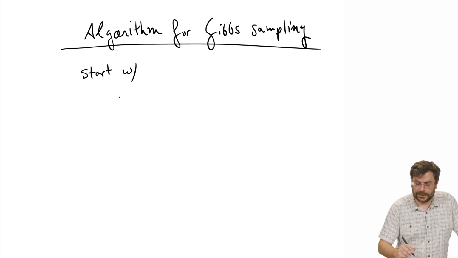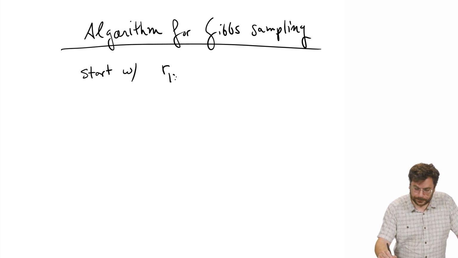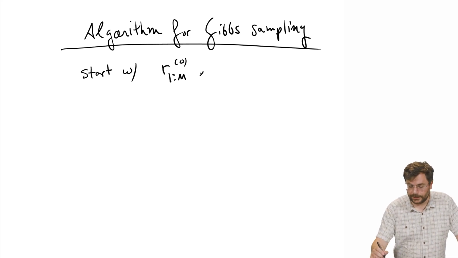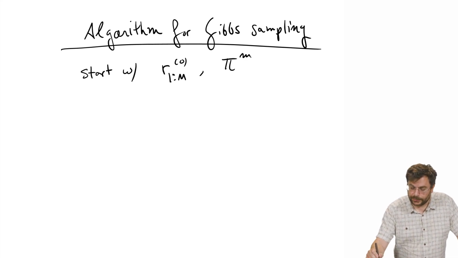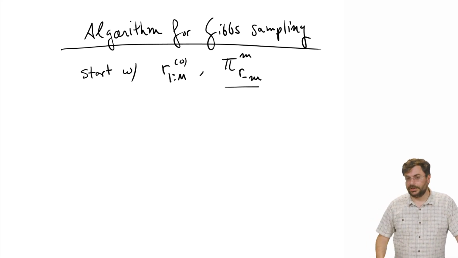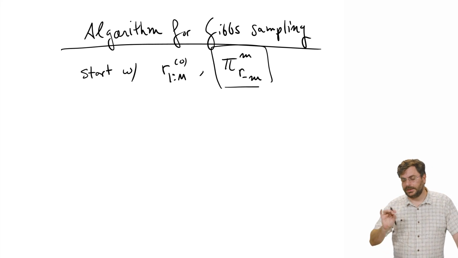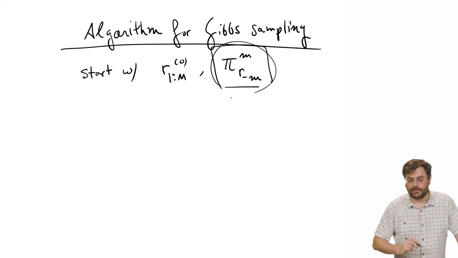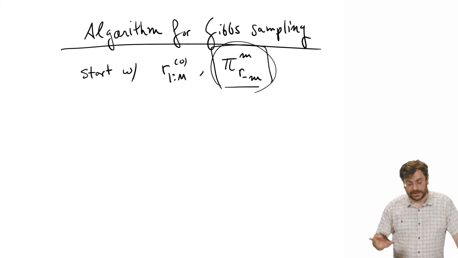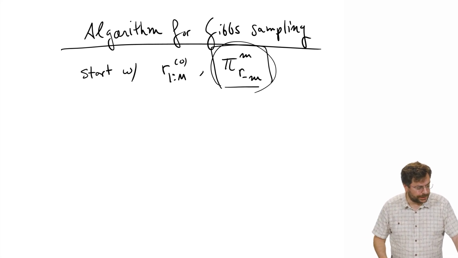You start with R1 to m naught, in addition to every single one of your conditional distributions. That is really the key to Gibbs sampling: you must have access to all of these. We'll discuss in a specific example how we go about obtaining them, and it will highlight the importance of starting with conjugate priors.